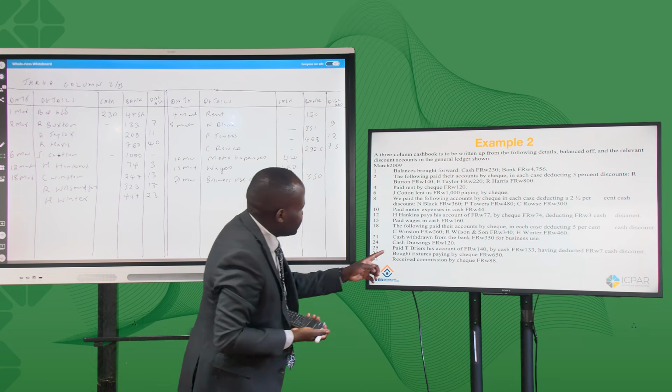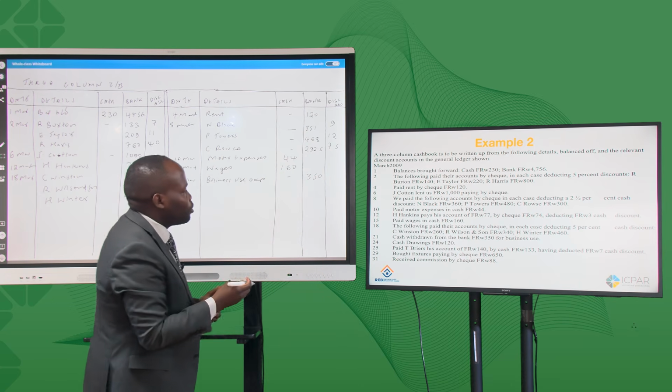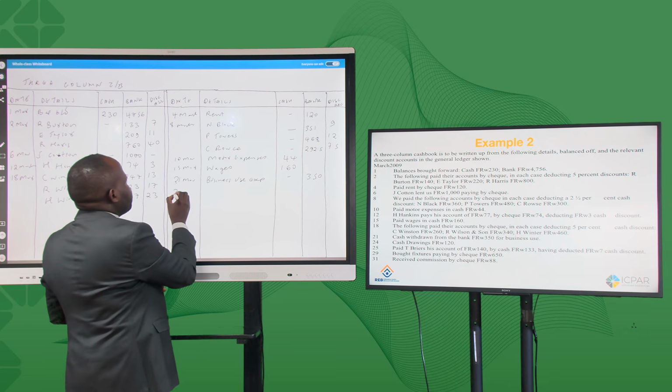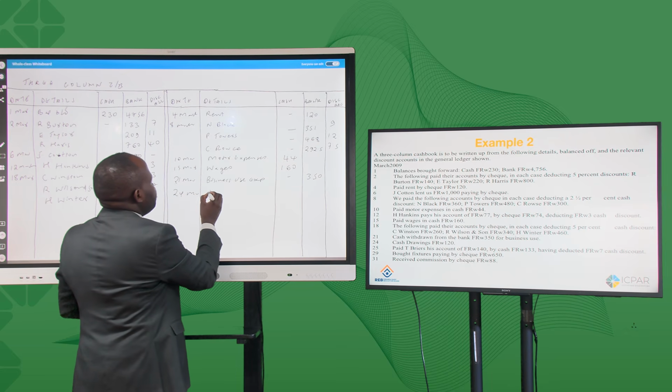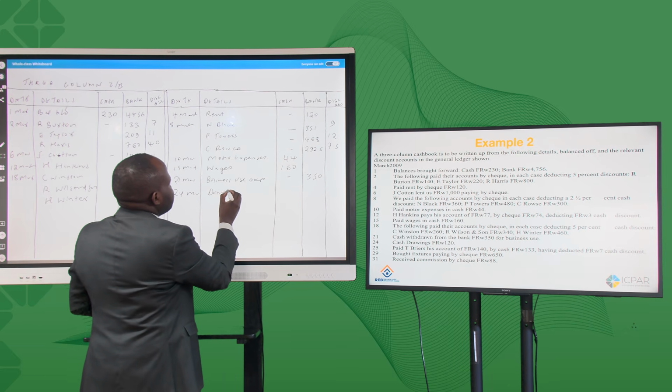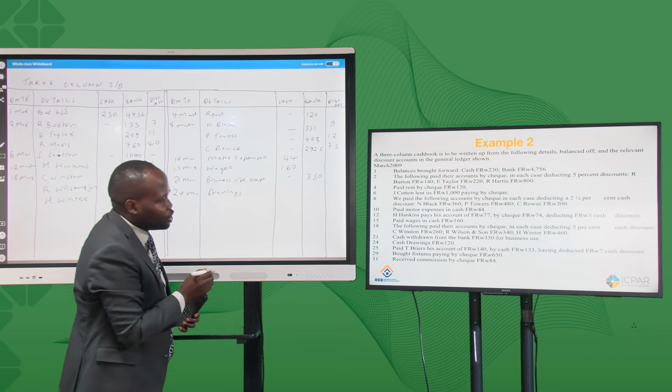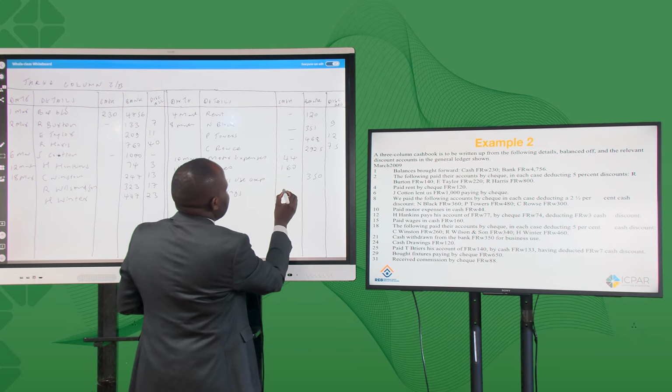Next, cash drawings, 120, 24th March. Cash drawings, 120.